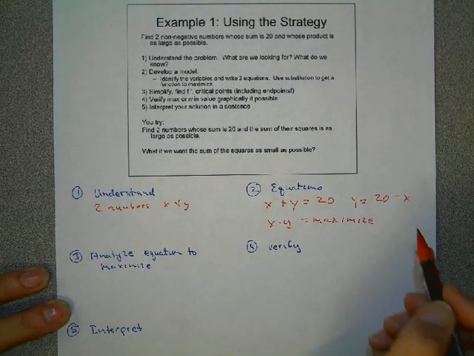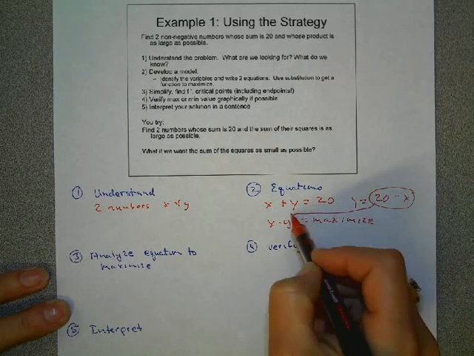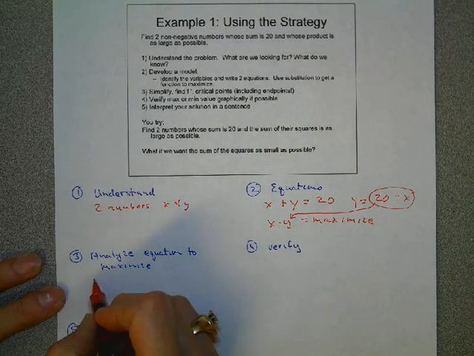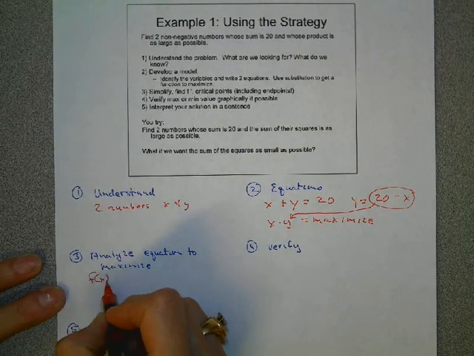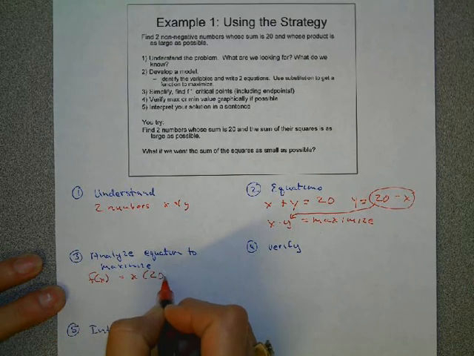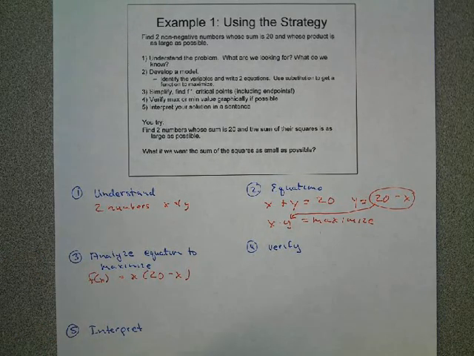Because that way, I put this into the product equation and get an equation that I can easily maximize. Now I can say f of x, what I'm going to maximize, is equal to x times 20 minus x. Okay, so now that one I can maximize. That would give me the largest possible product.